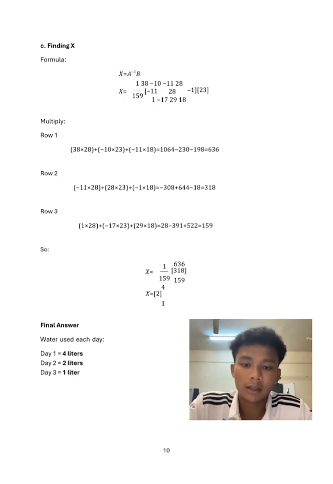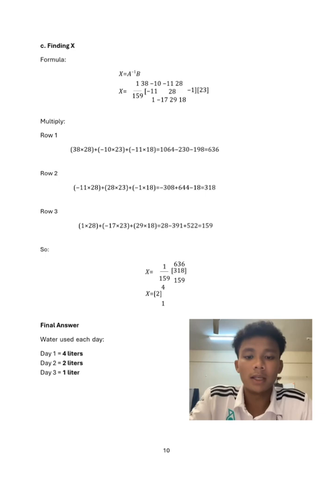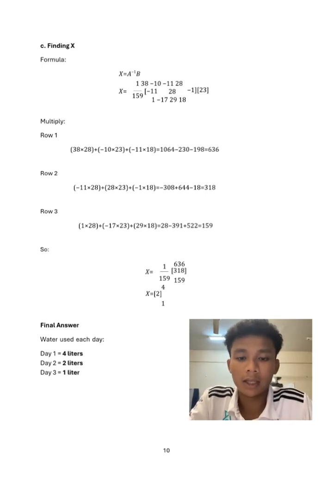Row 1 is 38 times 28 plus negative 10 times 23 plus negative 11 times 18, giving 636. Row 2 is negative 11 times 28 plus 28 times 23 plus negative 1 times 18, totaling 318. And row 3 is 1 times 28 plus negative 70 times 23 plus 29 times 18, which equals 159.